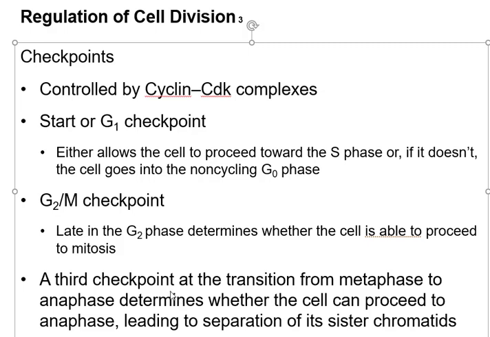And then there's a third checkpoint, which allows the sister chromatids to separate. So there are checkpoints as you go along through the cell cycle to keep you from making cells that you should not, for example, cancer cells.